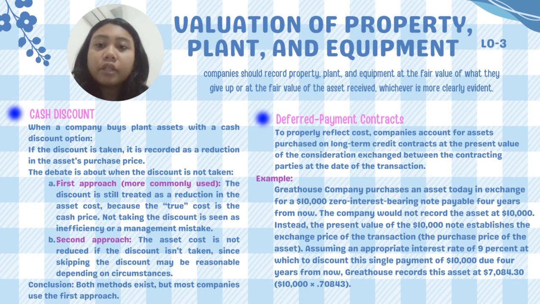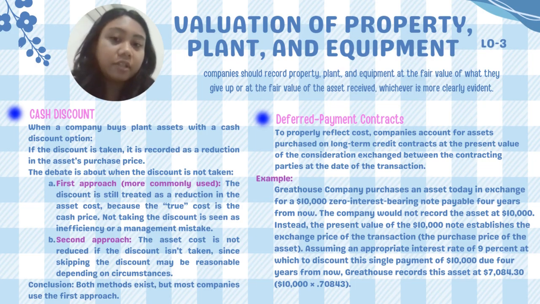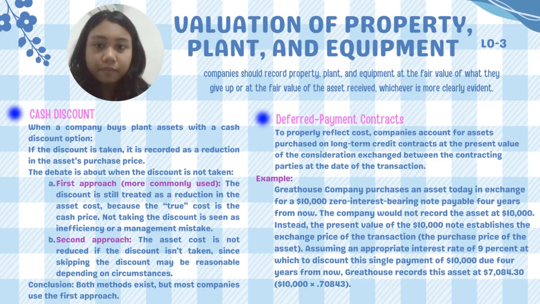Greenhouse records this asset at $7,084.30. It came from $10,000 times 0.70843, which is $7,084.30.